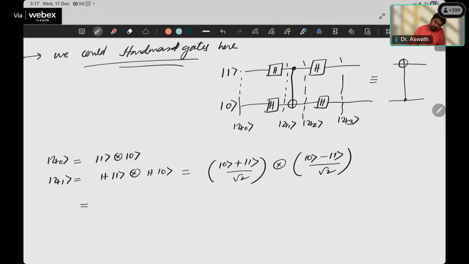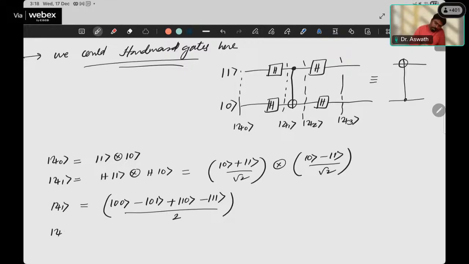The overall setup would look like |00> plus |01> minus |10> minus |11>, divided by 2. This is psi 1.